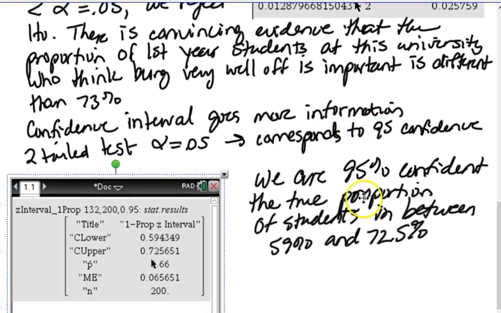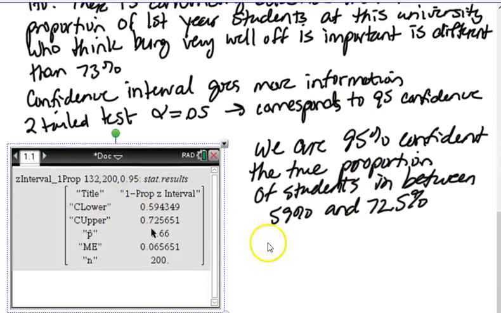So if I do a 95% confidence interval with this information, I get these endpoints for my confidence interval. And so we can also add to this. Now this isn't part of the hypothesis test, it's just additional information. We could add that we are 95% confident that the true proportion of students who think being well off is very important is between 59% and 72.5%.